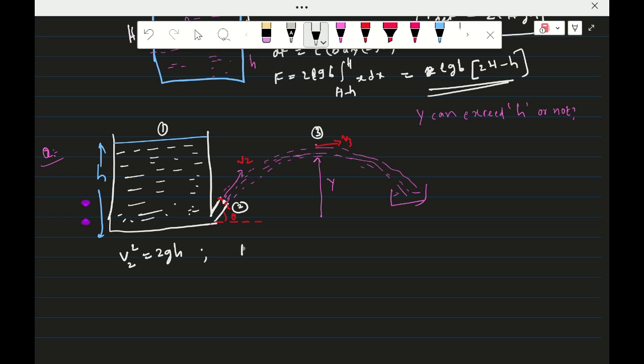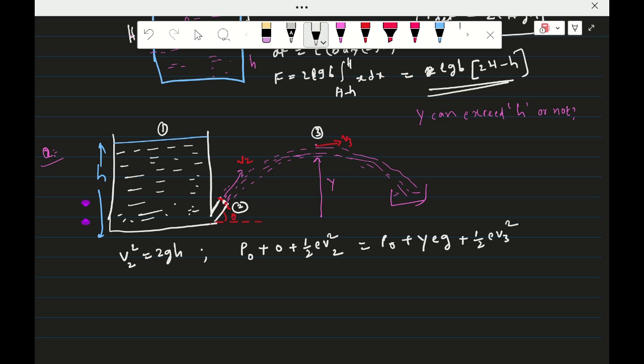For 2, P naught atmospheric pressure plus H rho g 0 plus 1 by 2 rho V2 square, since it is very near to the ground, is equal to, here P naught again plus y rho g, y is the distance, plus 1 by 2 rho V3 square.